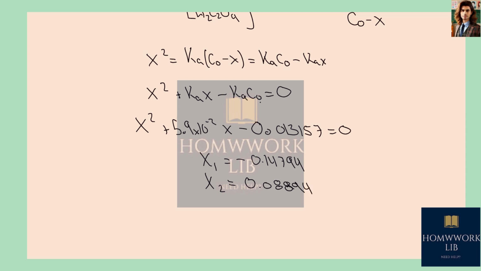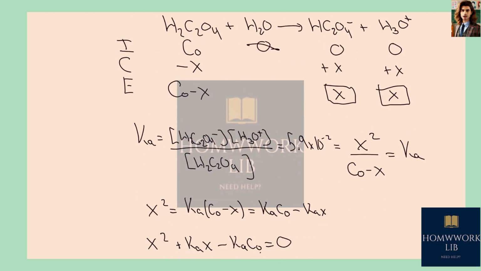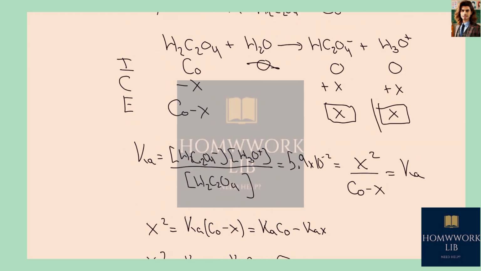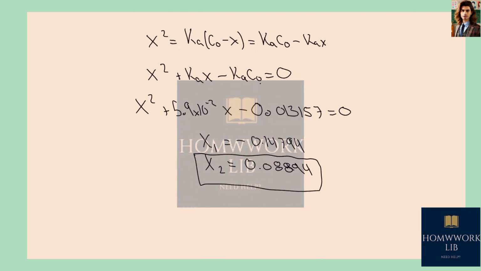So what is the correct result for us? Of course, it is going to be x2, because it is positive and we cannot have negative concentrations. Now remember, x is the concentration of H3O plus that I'm going to have at equilibrium. So this is equal to the concentration of H3O plus. So we can add the unit molar over here.